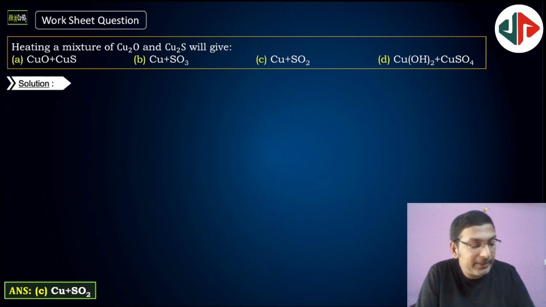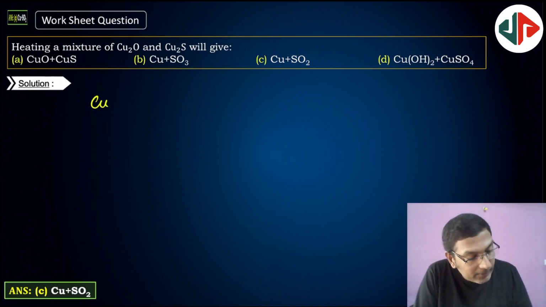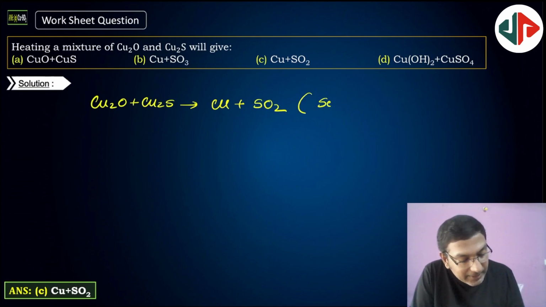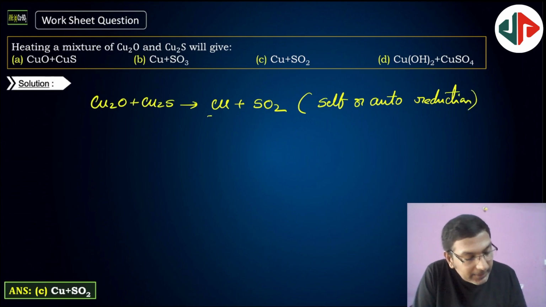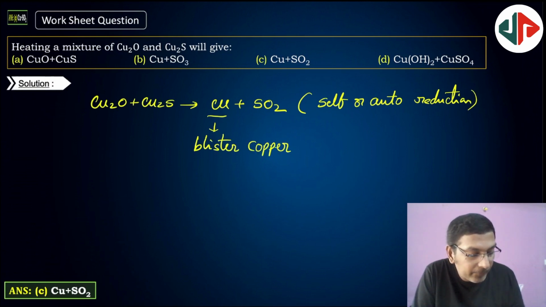Next. Heating of a mixture of Cu2O and Cu2S will give Cu plus SO2. So this is self reduction, or auto reduction. Here the copper will be known as blister copper, which is 98% copper.